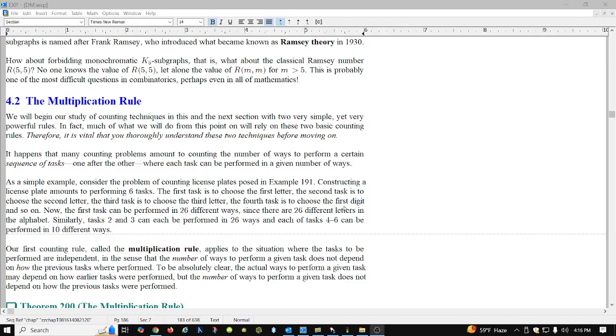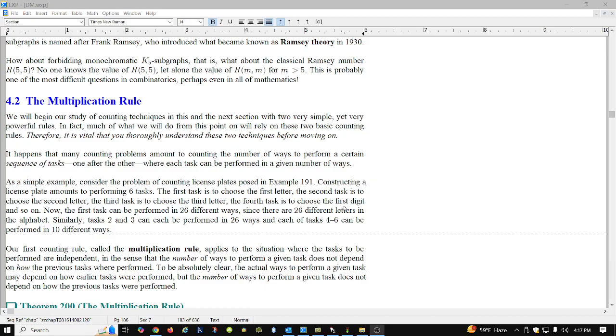But there's one hitch that's extremely important. The multiplication rule applies only to the situation where the tasks to be performed enjoy a certain independence, in the sense that the number of ways to perform any given task does not depend on how the previous tasks were performed. This is critical.